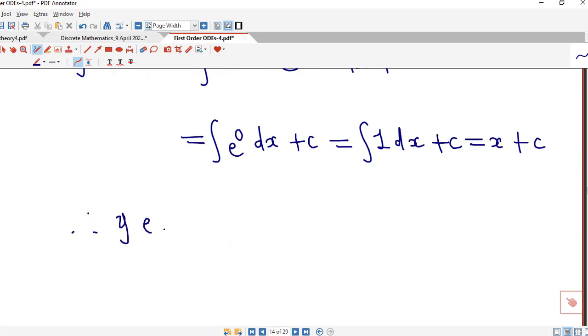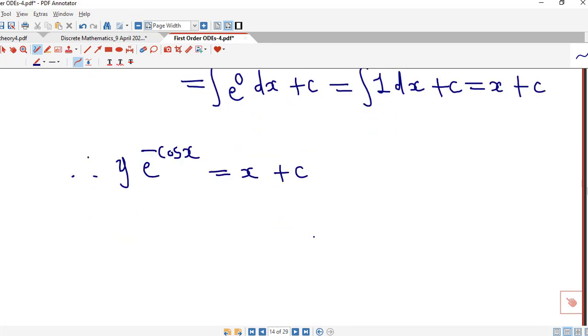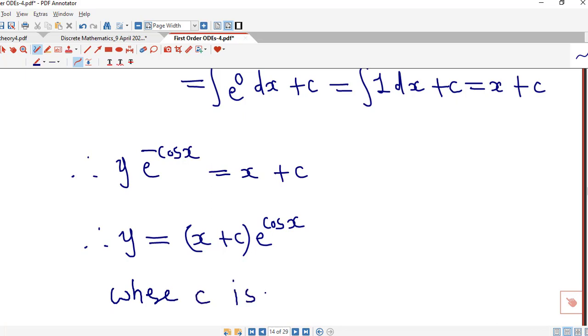Therefore y into e raised to minus cos x equal to x plus c, or this we can rewrite as y equal to (x plus c) times e raised to cos x, where this c is an arbitrary constant. So this is the general solution of the given differential equation.